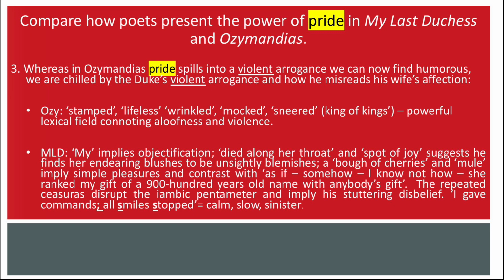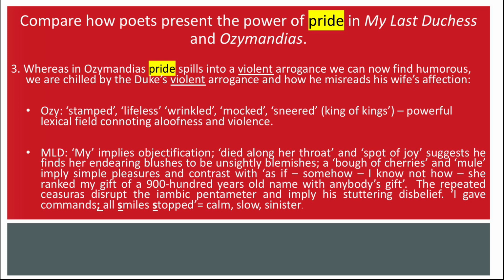First of all, the possessive pronoun my in the title, and indeed throughout the poem, implies objectification of the Duchess. When he talks about her blushing and the colour of her face, he claims how it might have dyed along her throat, and the blushes in her cheek are a spot of joy. I'm suggesting that these are all quite endearing blushes.